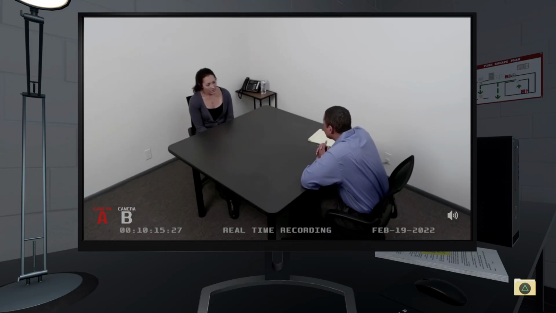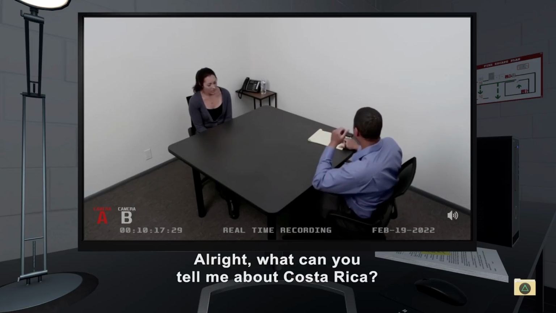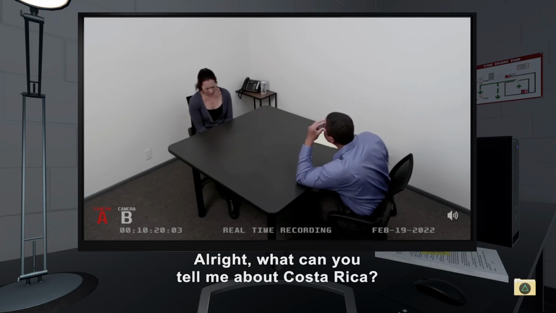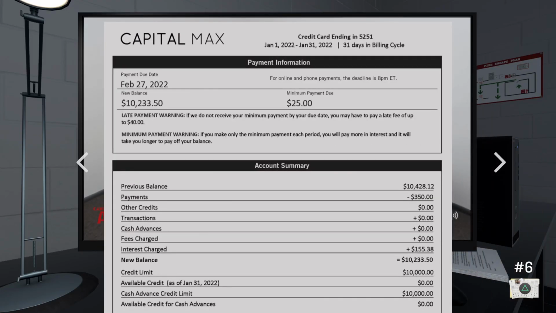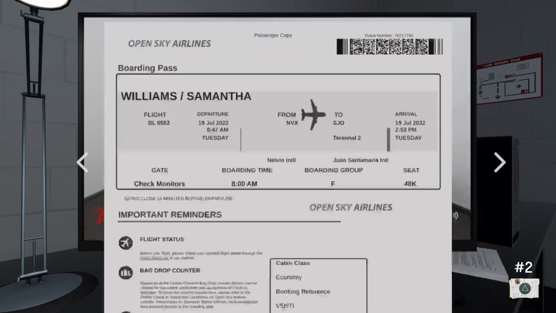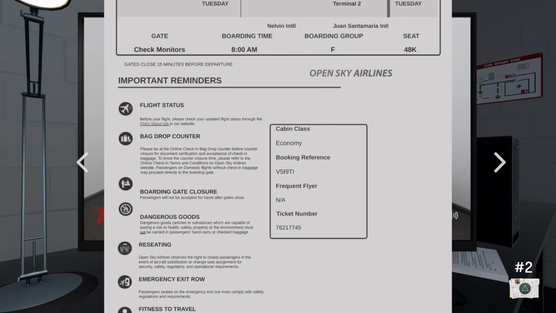All right, what can you tell me about Costa Rica? Yeah, Costa Rica. You're probably referring to the plane ticket that I bought. Yeah, that's correct. What's that all about?